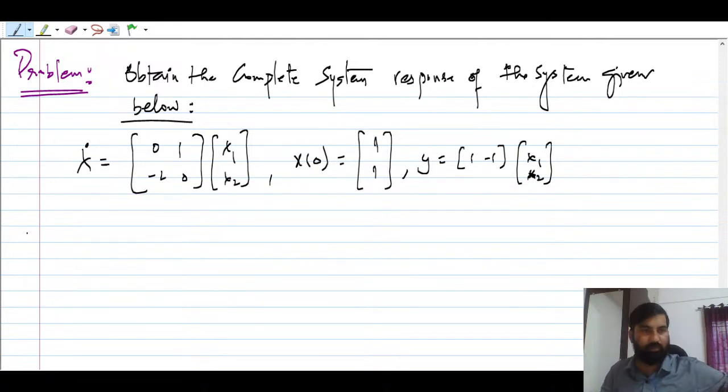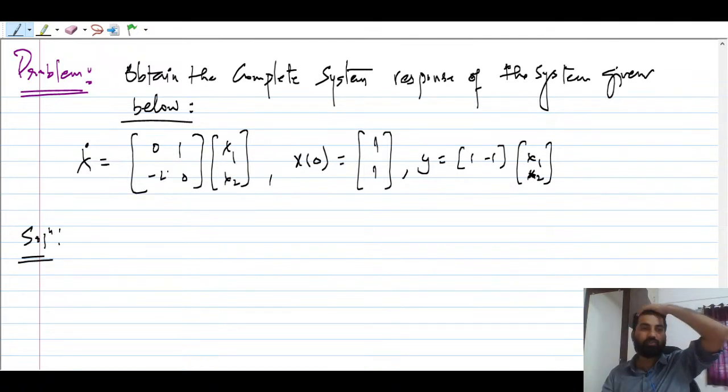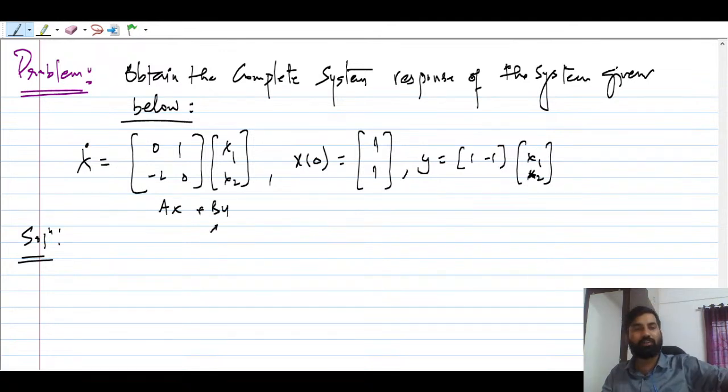So if u is not present, let me write here, you start solving now. First observation: x dot equals A times x plus Bu, but this term is not present.